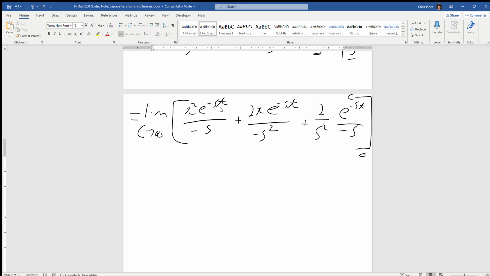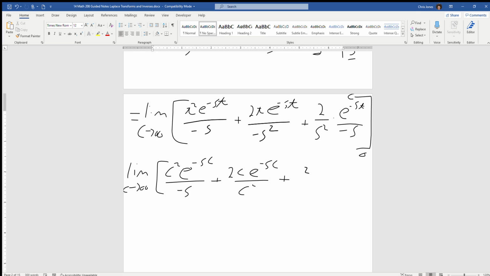Remember that the bounds for the integral are from 0 to c. So now we have to use our fundamental theorem of calculus. We're going to substitute c in, we're going to substitute 0 in, and then we're going to apply the limit. So this is going to become now the limit as c approaches infinity. So we're substituting in for t. So this is going to become c squared e to the minus sc over negative s plus 2c e to the minus sc divided by s squared, plus, I'll just say 2 over s cubed, minus.